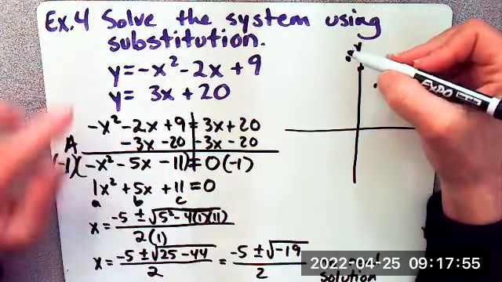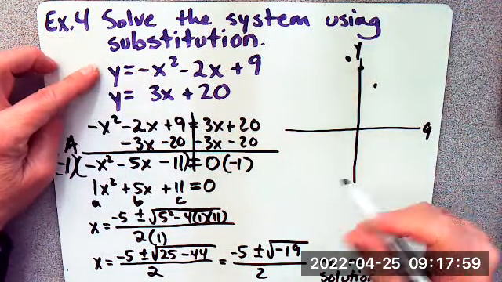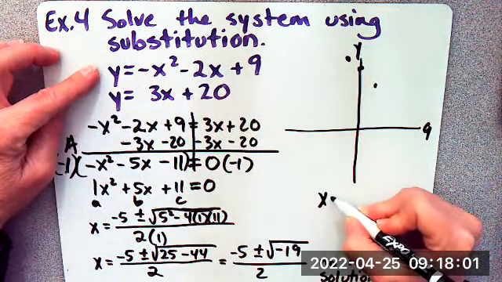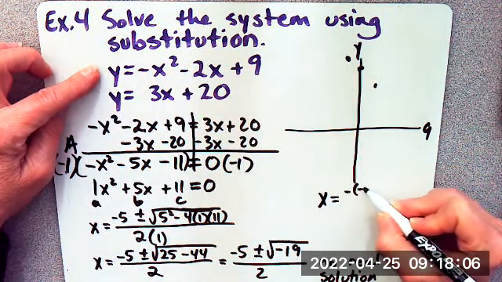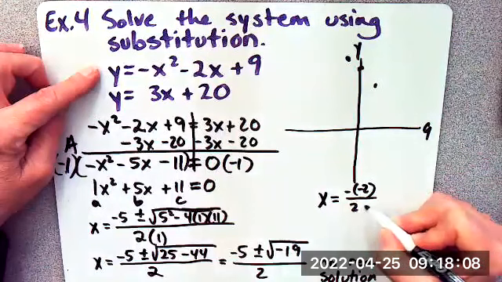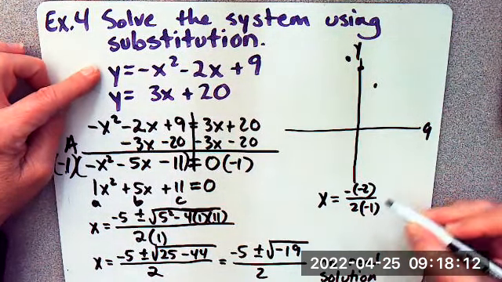Okay, so let's try to find the vertex. So we can find the vertex of this, if you remember, as x equals negative b over 2a. So negative negative 2 over 2 times a, which is negative 1.